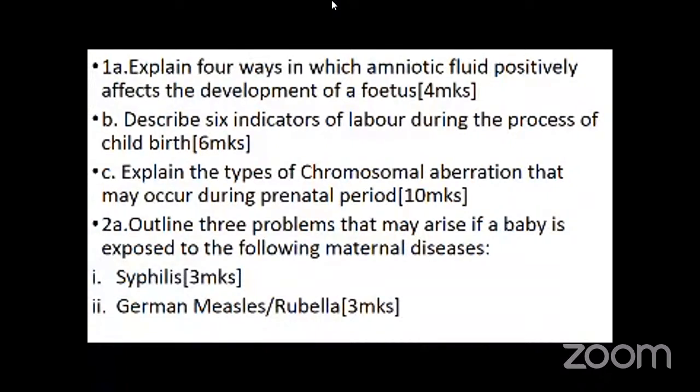The skin disease, yes, the skin disease, poor eyesight or visual impairment, or the skin rashes. What about when the child is exposed to German measles or rubella?